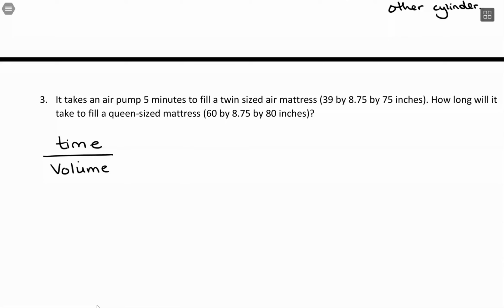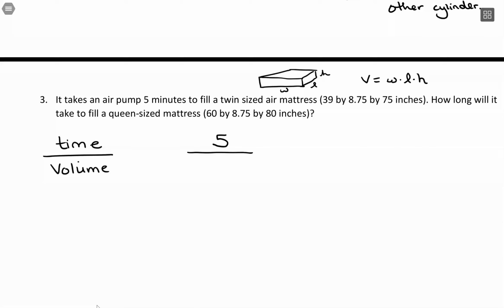So what we have is time. For the twin-sized mattress, we have 5 minutes compared to the volume. And this is going to be a rectangular prism, so volume is just the multiplication of width, length, and height.